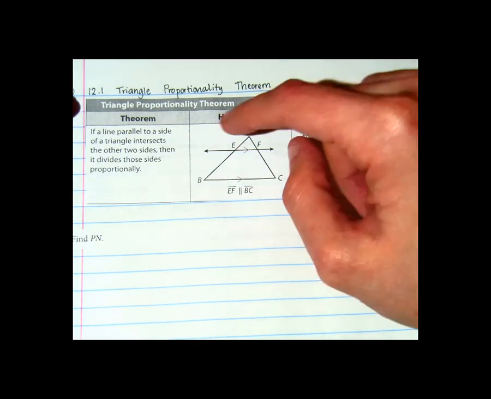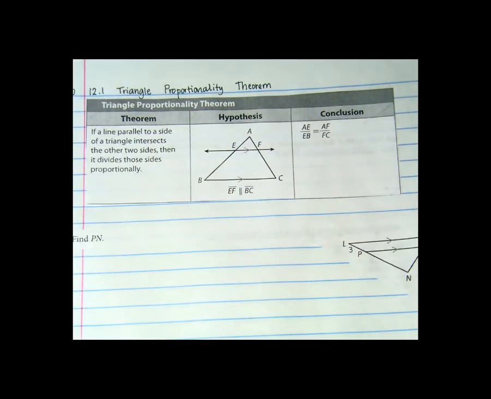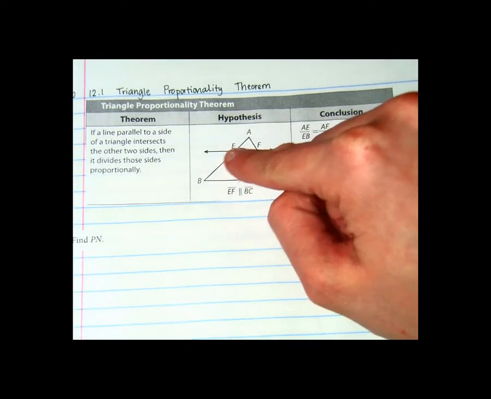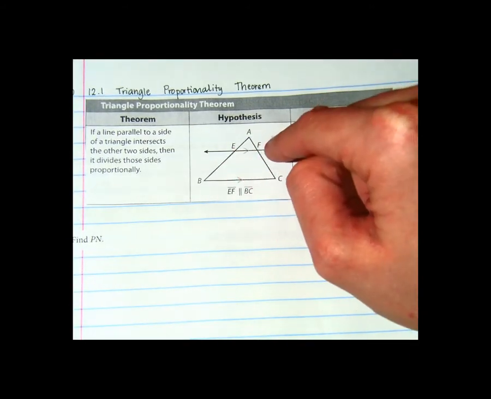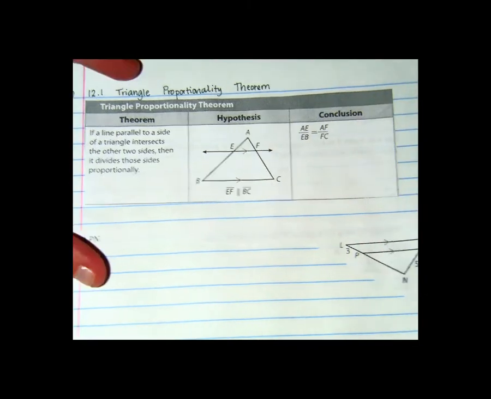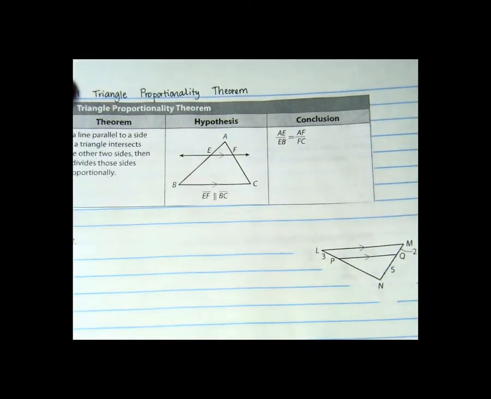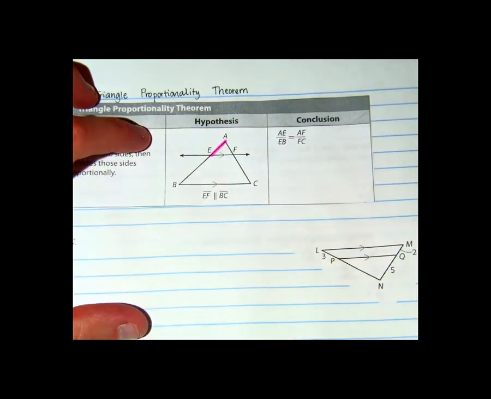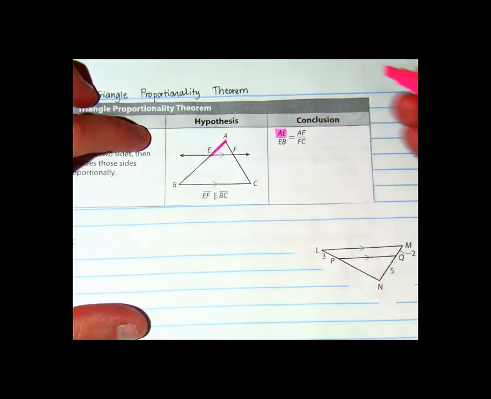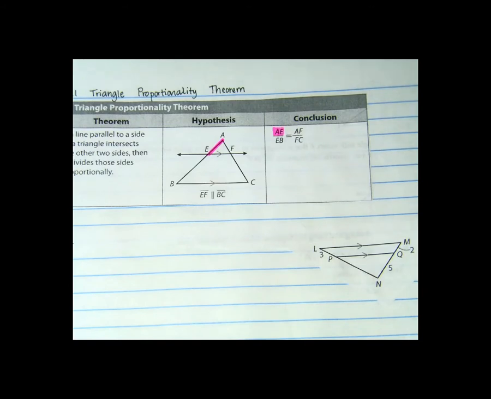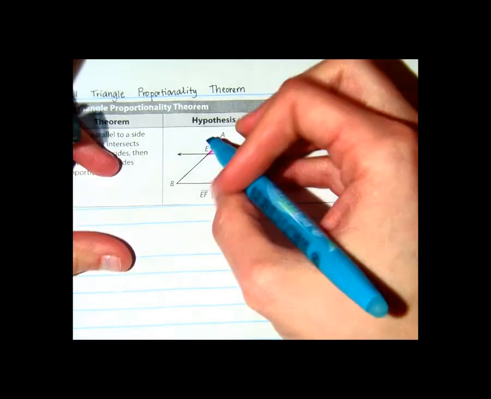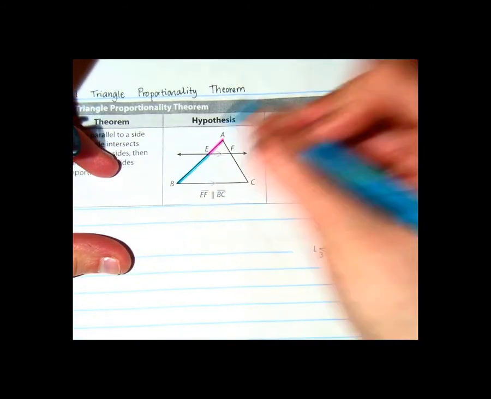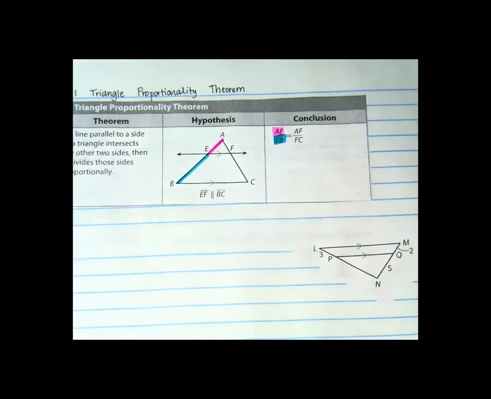But the triangle proportionality theorem says if a line parallel to a side of a triangle intersects the other two sides right here, E and F, then it divides those sides proportionally. So it gives us the picture here, and what it's saying is that AE, which is here, is in proportion to EB. So AE over BE.